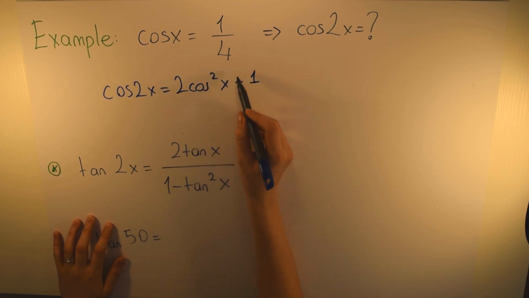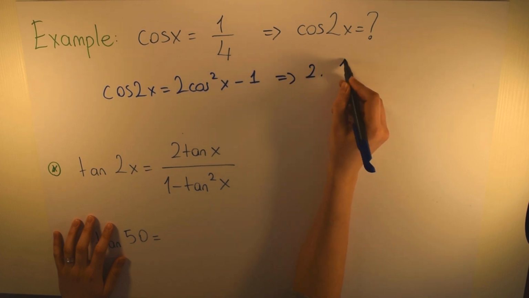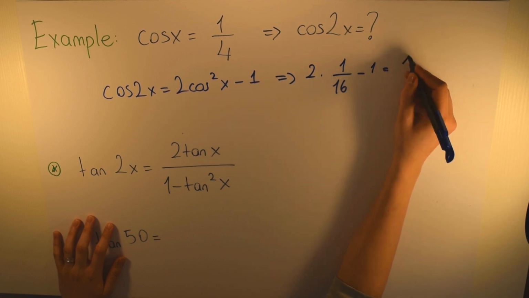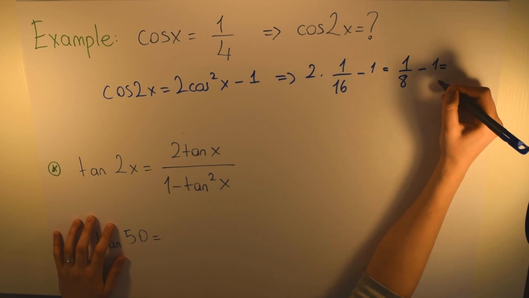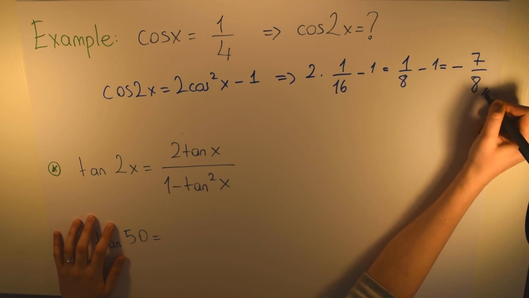So cosine x is 1 over 4, so cosine square x is 1 over 16, right? So from here we will get 2 times 1 over 16 minus 1. So this is equal to 1 over 8 minus 1, which is equal to minus 7 over 8.